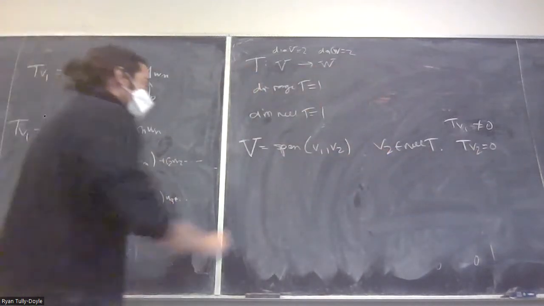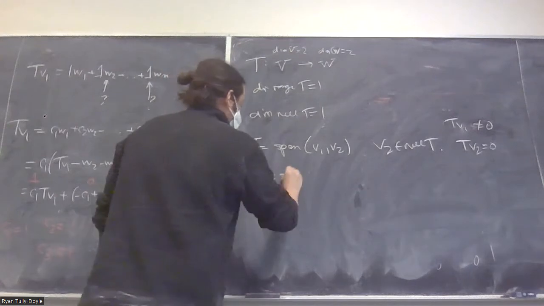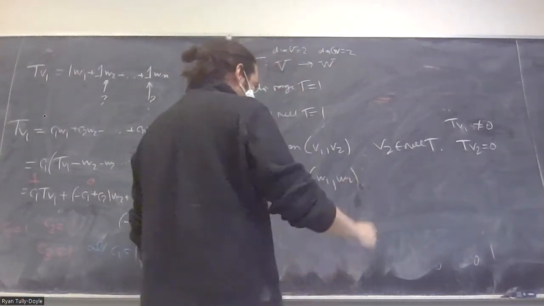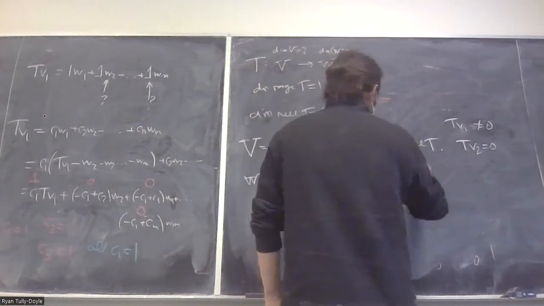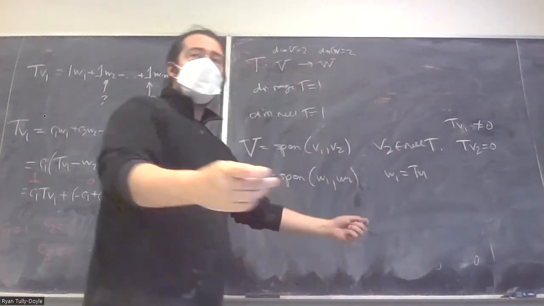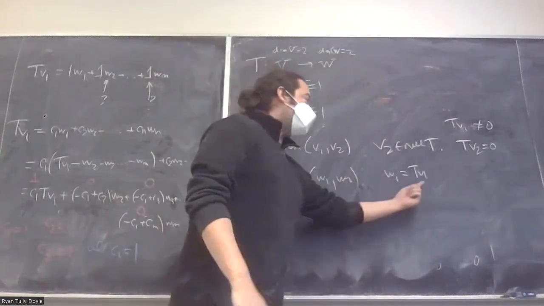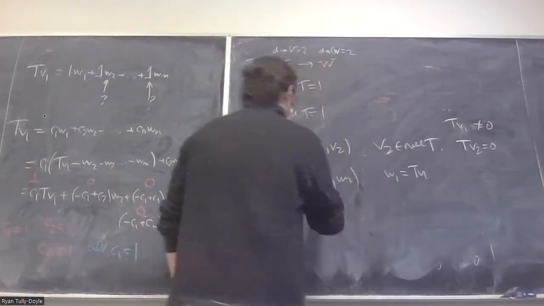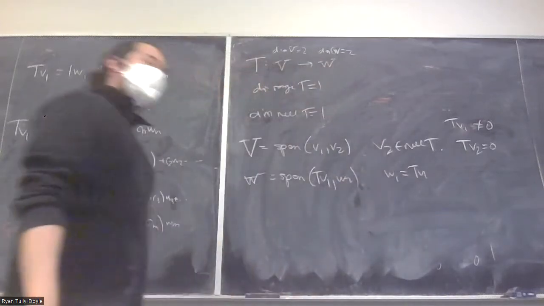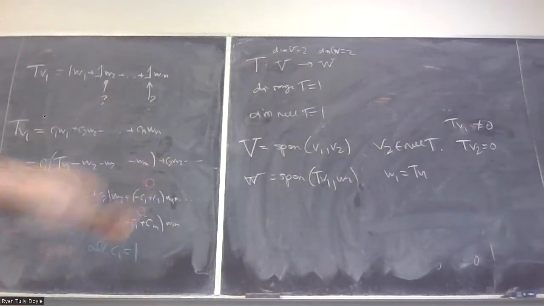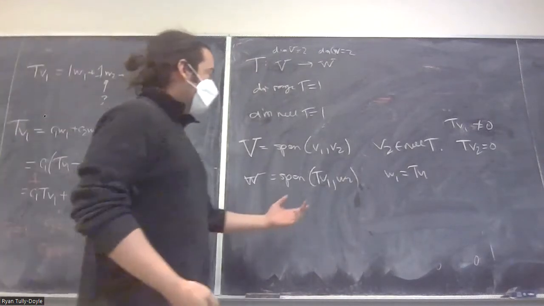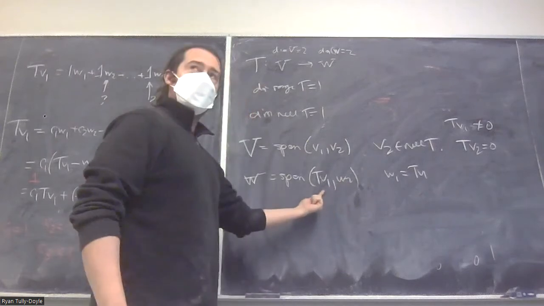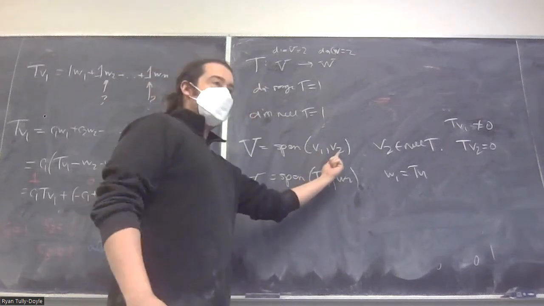Now let's look at W. W is equal to the span of W1, W2, where maybe W1 is equal to TV1. The range is one-dimensional. If TV1 is not in the null space, then it spits out into the range, and so this seems like a reasonable basis to start with. This is your starting spot. I've got a basis for the output space where that's in the range, and I've got a basis for the input space where this is in the null space.